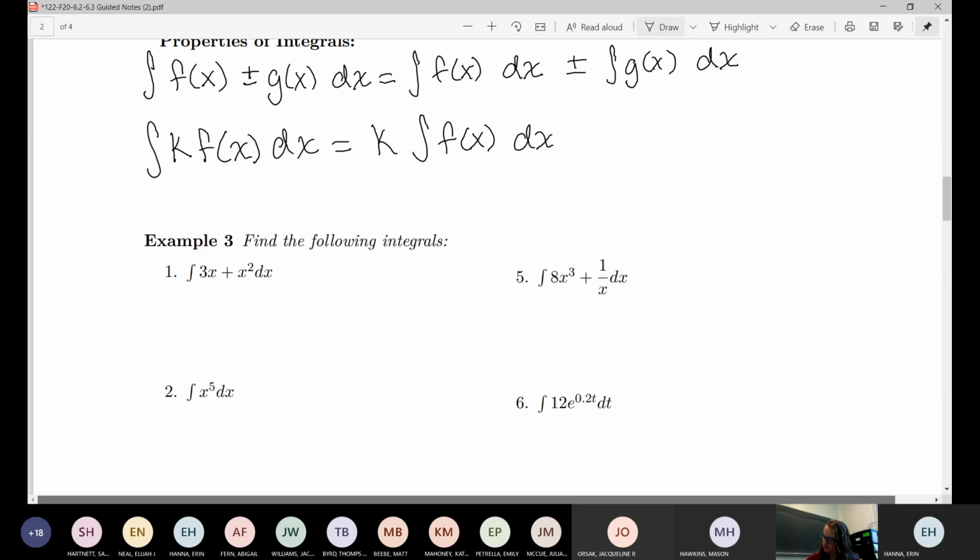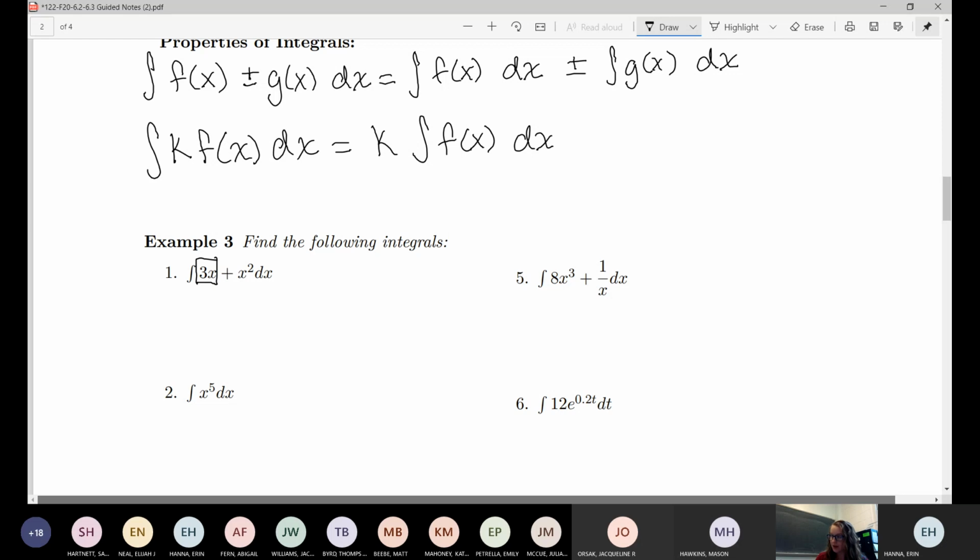All right, so let me try to leave those in there a little bit. So let's say we want to find the following integrals, and now we have our rules, so we can use them. So the first thing here is I have the integral of 3x plus x squared. Since that's a sum of things, I can take the antiderivatives separately. So we're going to look for the antiderivative of 3x and then the antiderivative of x squared.